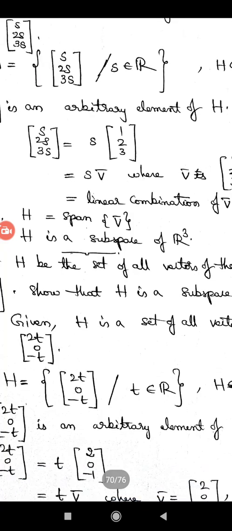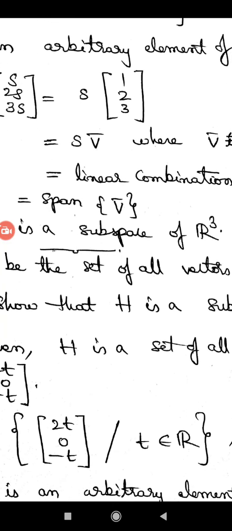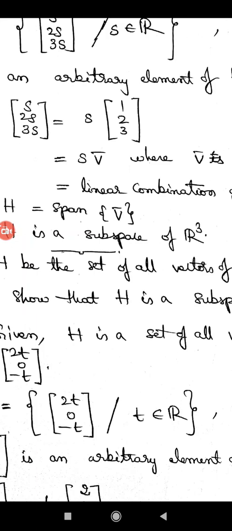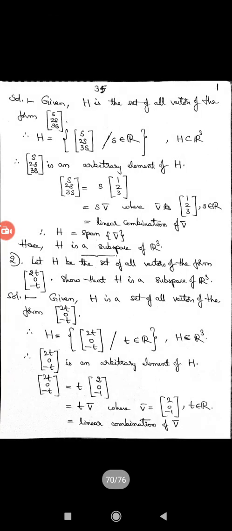H should be equal to span of v bar, as s v bar can be any linear combination of v bar by varying values of s in the set R. So that is how H is equal to span of v bar.